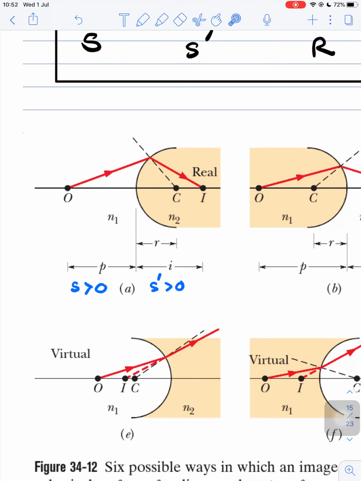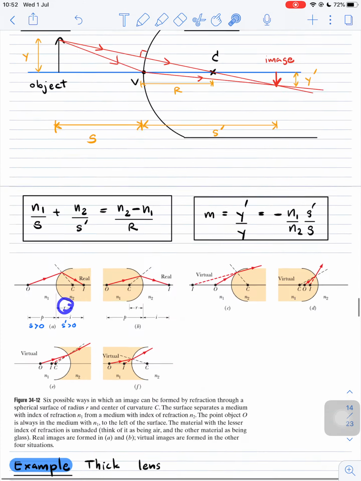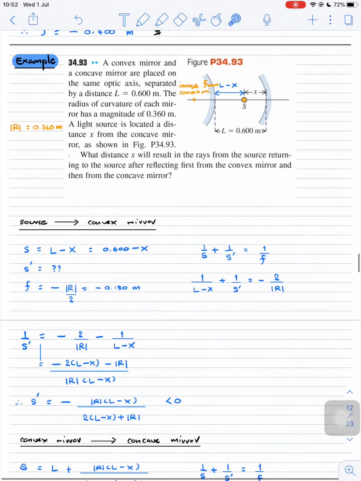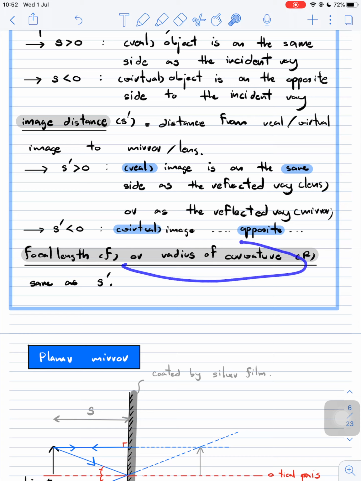And then how about the radius of the curvature? Okay, so it's just the same as the S prime, right? So the radius of the curvature will be greater than 0 if and only if the center of the curvature is on the same side as the refracted ray, okay?